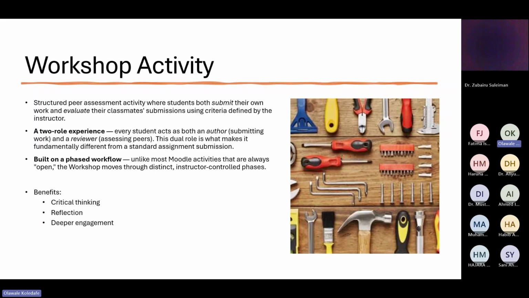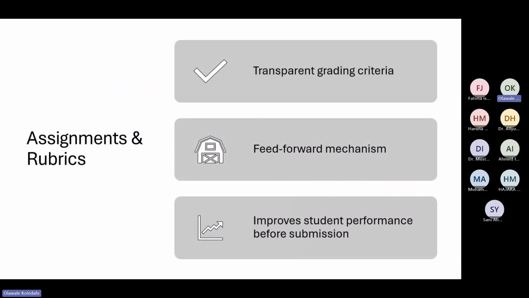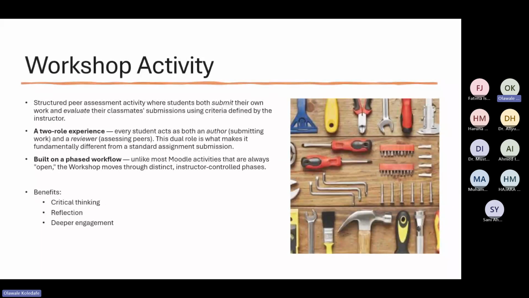All right. I think we can just continue. So we're talking about the affordances of assignments and rubrics, and how the combination of the two can actually create a workshop dimension in open and distance education.